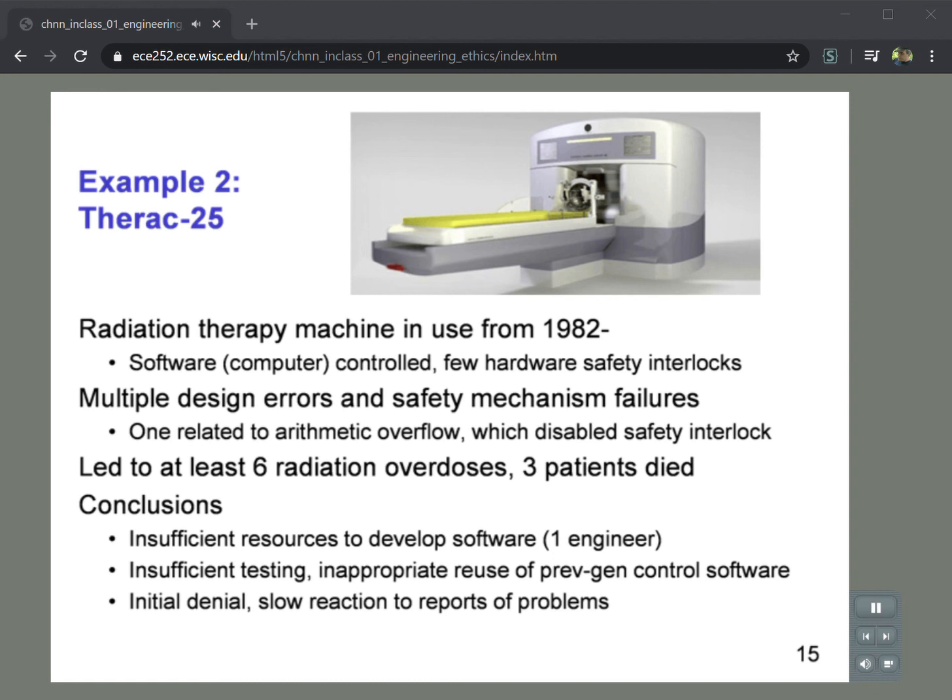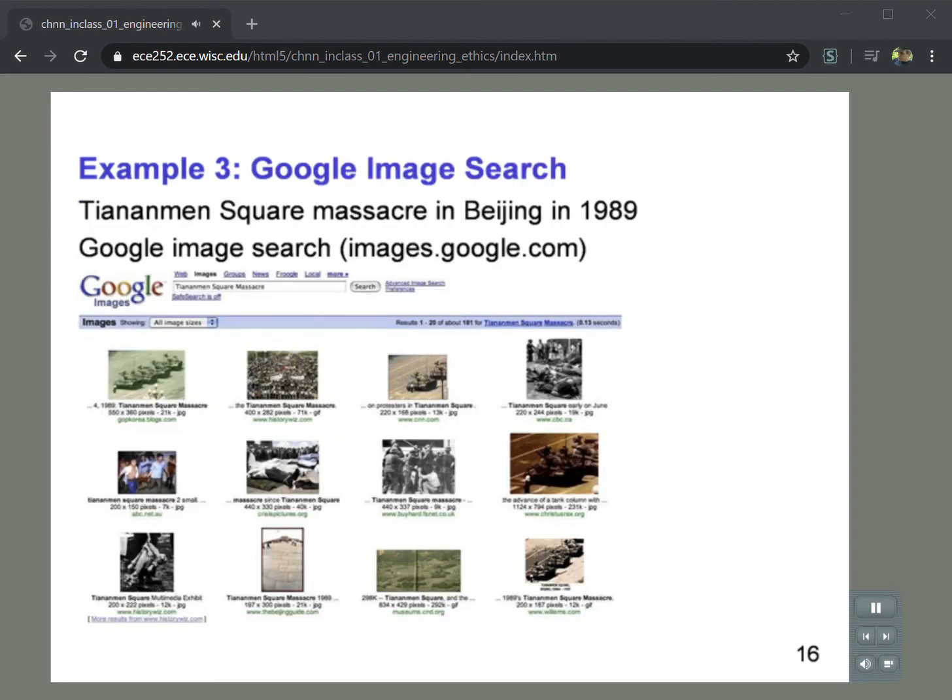So this should be a reminder here of the potential for severe consequences if we don't conduct ourselves in our professional lives in a careful, thoughtful, ethical way that we should conduct ourselves.